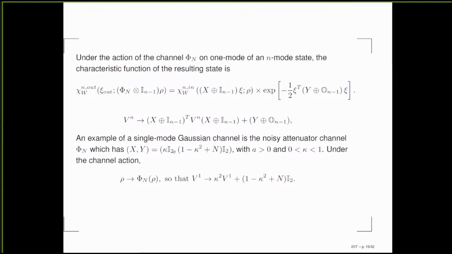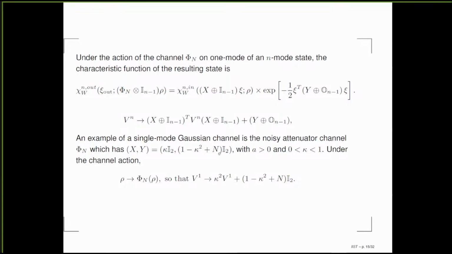What it does is, this kappa less than 1 signifies that what is returned to you is a fraction of what you send. Suppose you send some milliwatt of laser light, say 1 million photons. Kappa of 0.5 tells that only half of that came back. In addition, you get some extra noise from the background. So this is the kind of model.